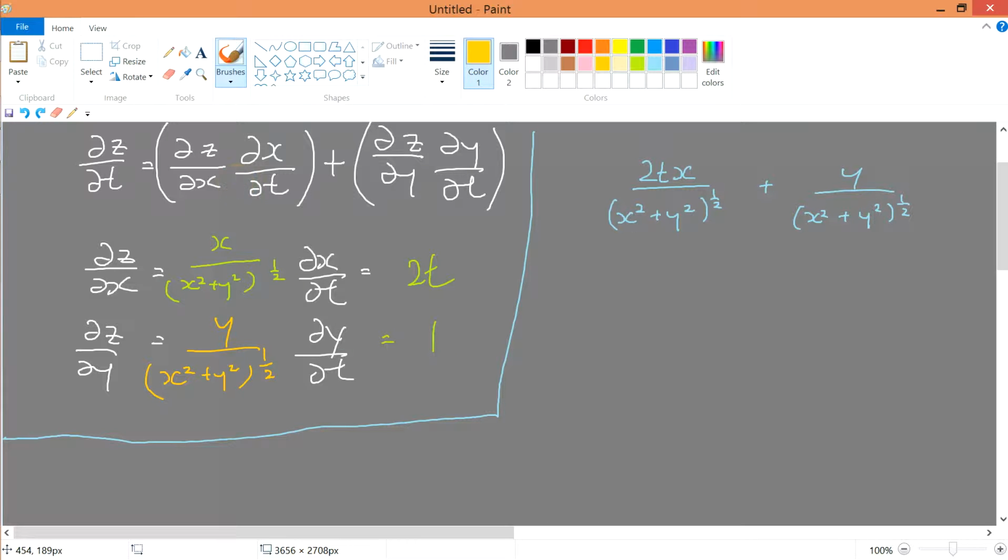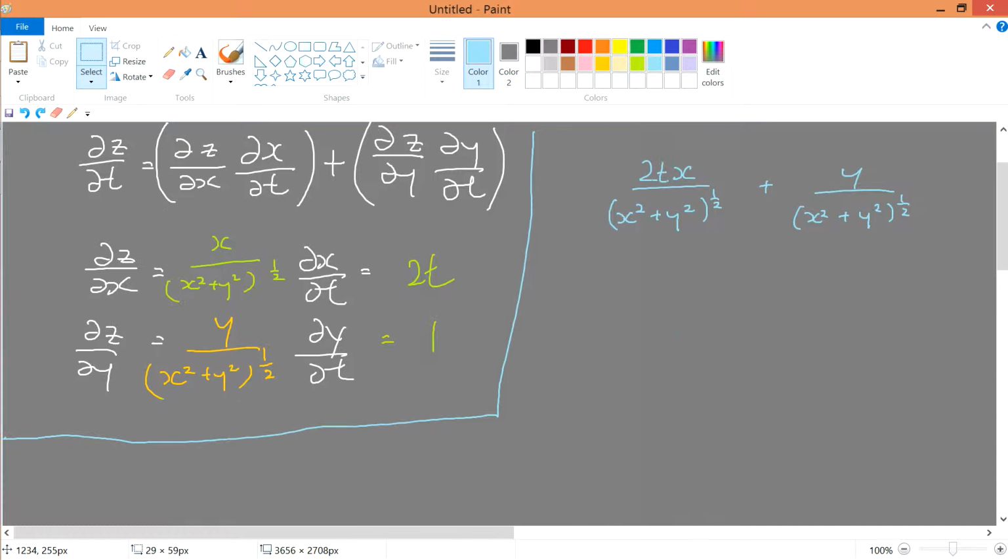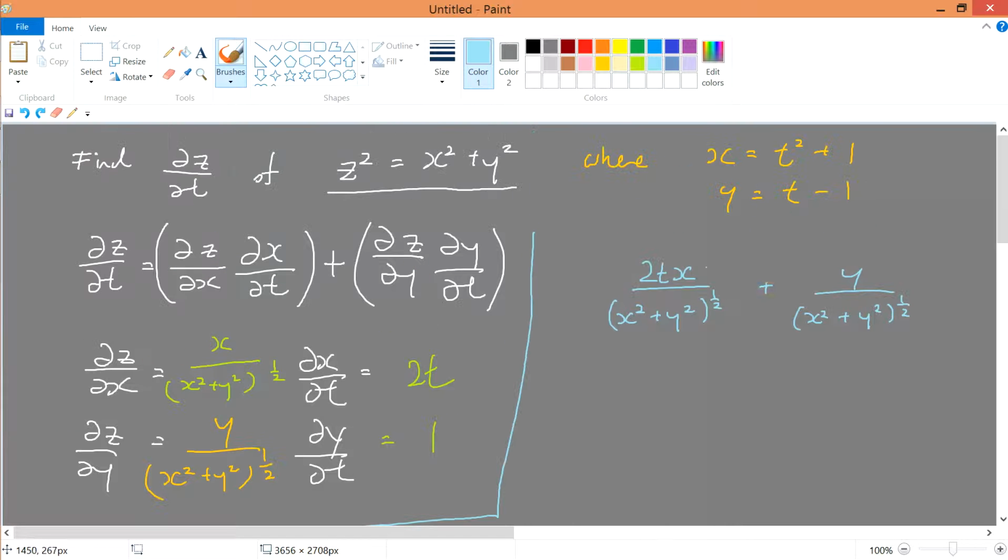Okay, so we are not finished yet because we want to find partial z over partial t. So we're going to write the answer in terms of t, because in terms of time. So what we're going to do now is sub in the x's and the y's.